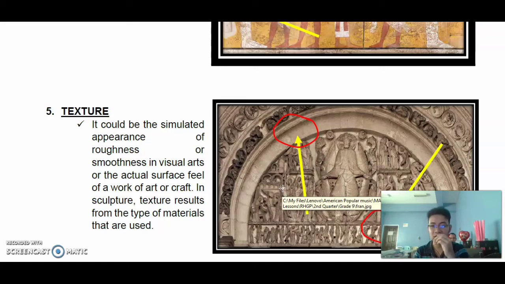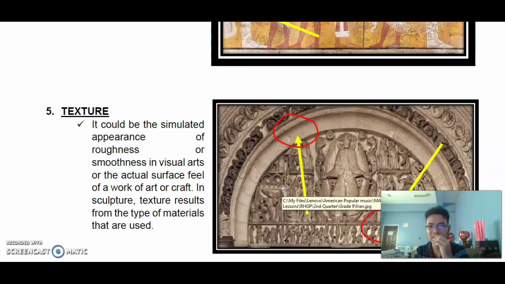However, that changes when we are going to view a sculpture. In a sculpture, or any artwork in a sculpture, there are depths when you touch it. Literally, if you touch it, you can already determine its texture.